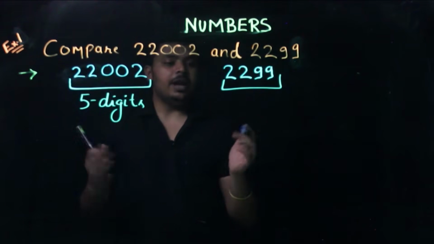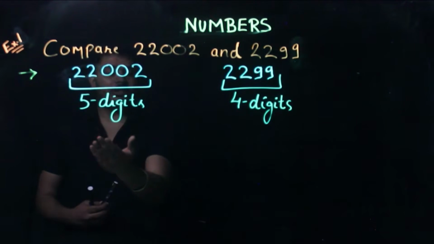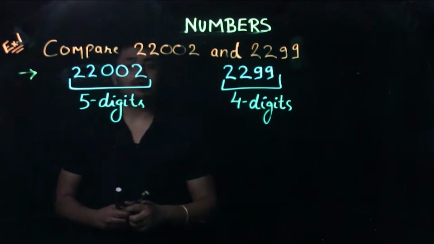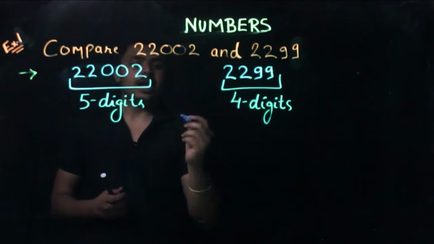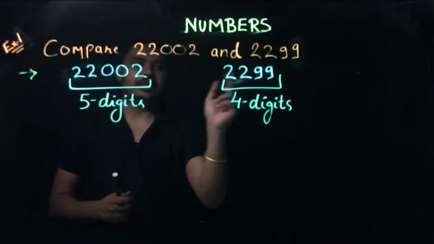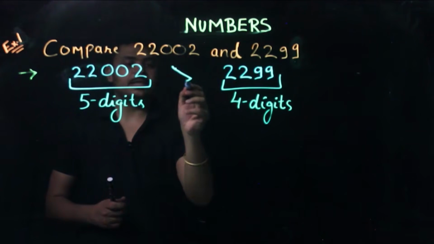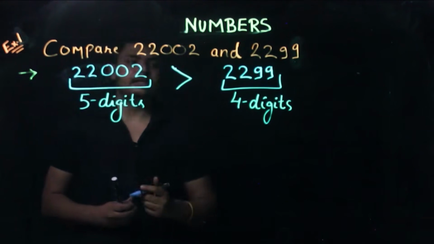So I will write 4 digits. So here the number of digits is greater than the number of digits in the other number. So 5 is greater than 4. So we will write that this number is greater than this number, and put a greater than sign to indicate it.